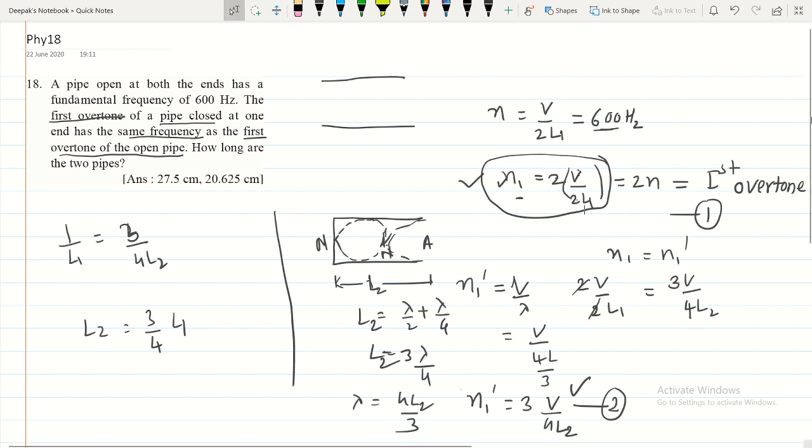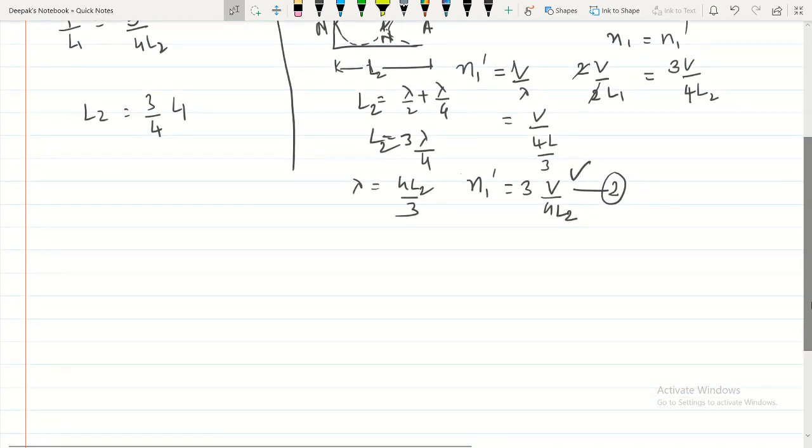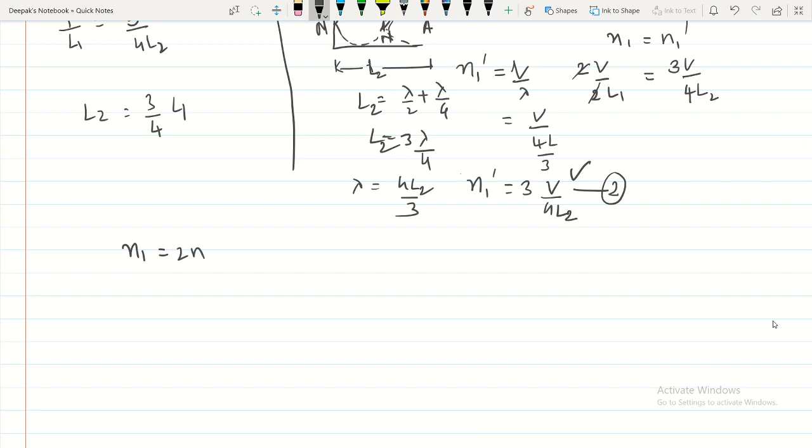Let's move a little lower, right? They give you N1 is equal to twice V upon L, or in other words N1 is equal to twice N, and N we already have, that is 600, so N1 will be equal to 1200 hertz.